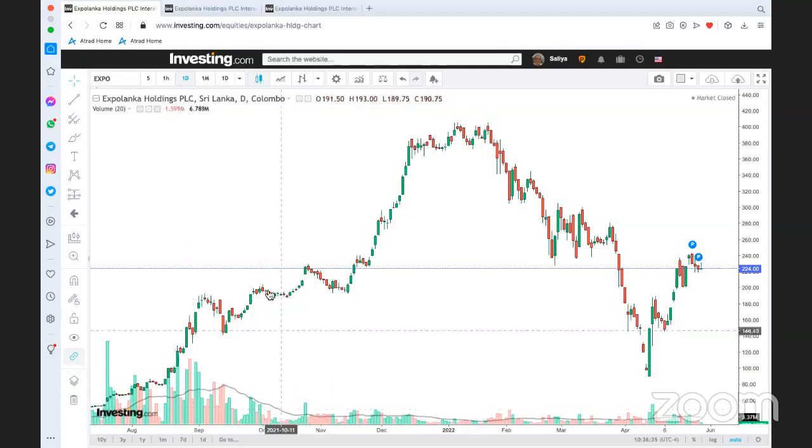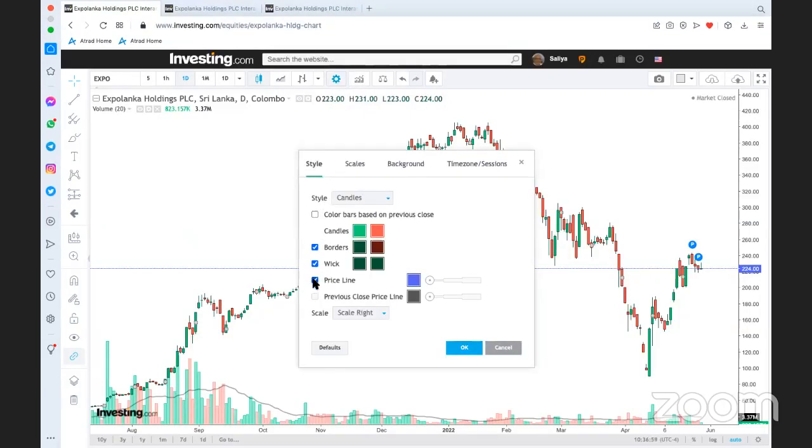Then what I do normally is that I don't like this price line. This horizontal line is called the price line, which is the closing price. It's given real time, and that kind of disturbs me. So I normally take it out. I go to the chart properties like this and remove the price line.